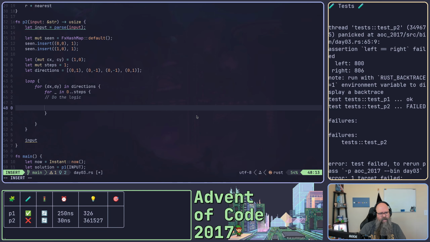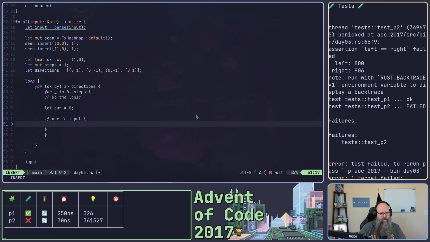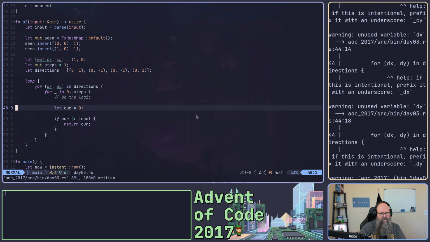So we're going to say let cur equals whatever 0, and if cur is greater than or equal to input, return cur. I mean, this is not the right answer, right? It's still broken, but I think that's generally the idea.